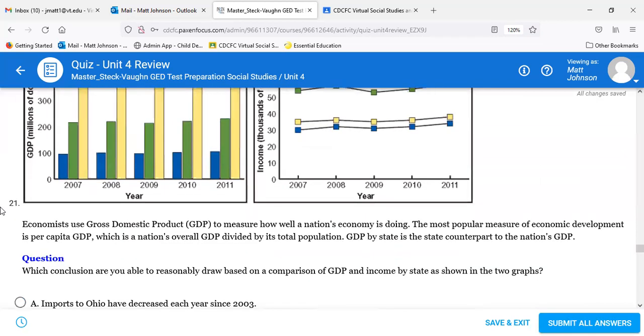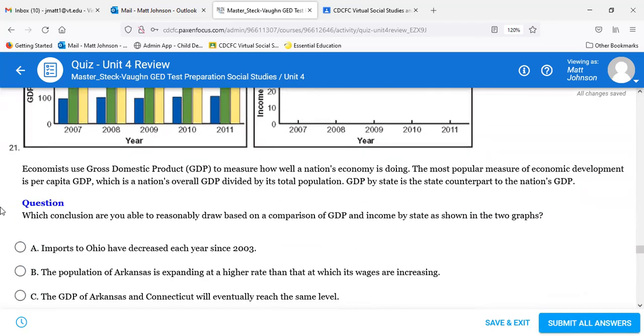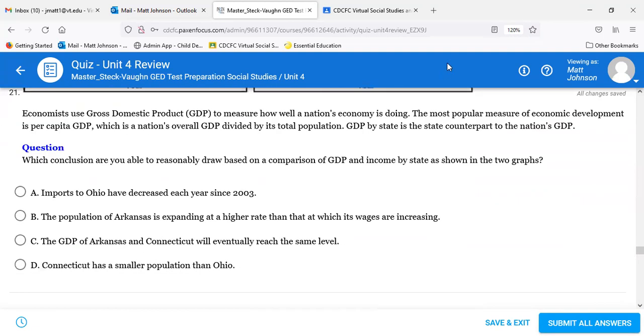And sticking with our bar graph and line graph again, let's go to Christiana. You want to read number 21 for us. Number 21, which conclusion are you able to reasonably draw based on the comparison of GDP and income by states as shown in the two graphs? A, imports to Ohio have decreased each year since 2003.